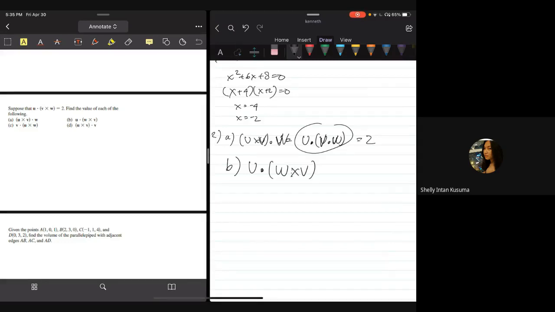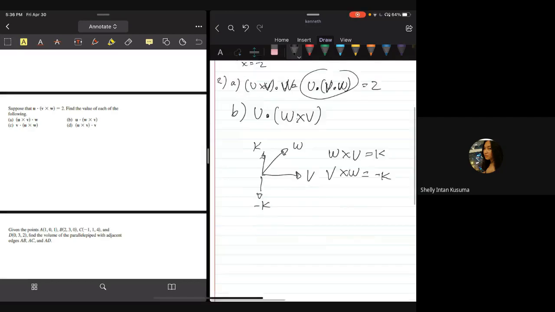For the cross product, if you take this vector u and vector v, and cross product it, it will produce this vector k. If v cross v is equal to k, then v cross w is equal to minus k, right? This one is minus k.